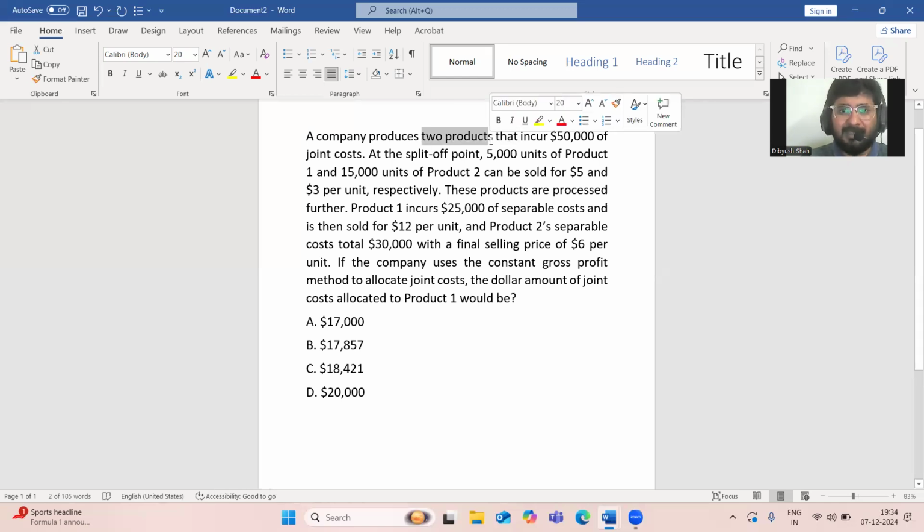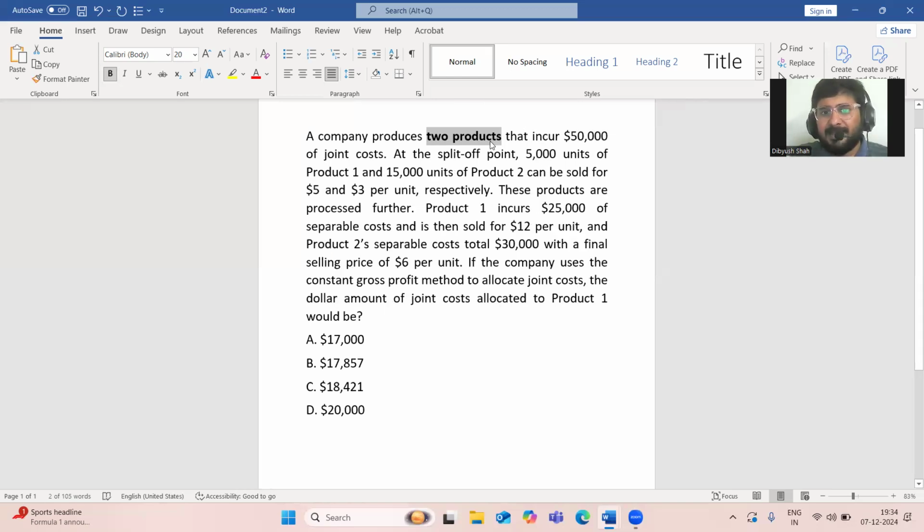So there is a company that makes two products that incurs $50,000 in joint cost. So joint cost to be allocated is $50,000. At the split off point, you have 5,000 units of product 1 and 15,000 units of product 2.